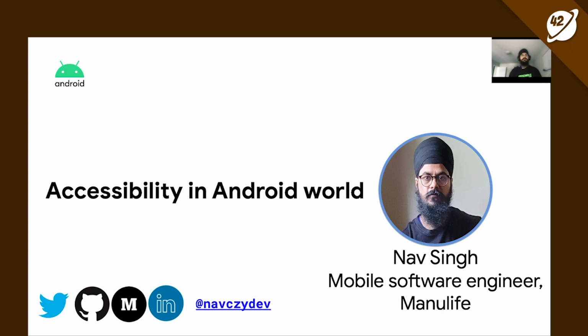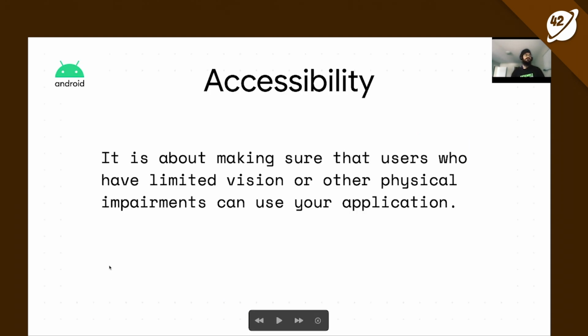So let's get started with today's topic. The first thing is, what is accessibility and why is it important? When we talk about accessibility, it's not just about people who have a disability. It's actually extending the reach of your applications, how a user can interact with your applications, by providing more than one option to the end user.